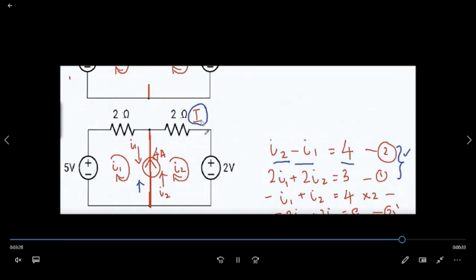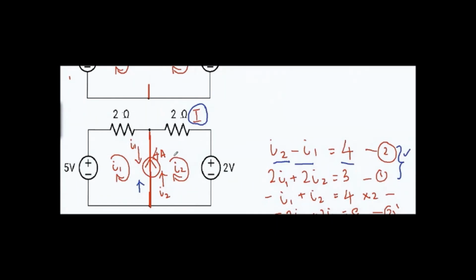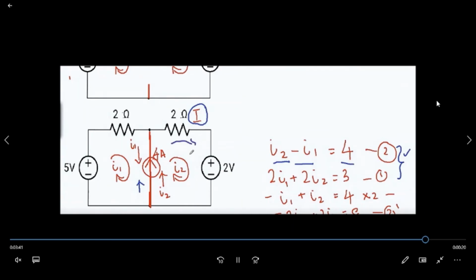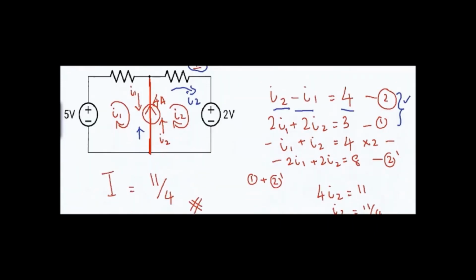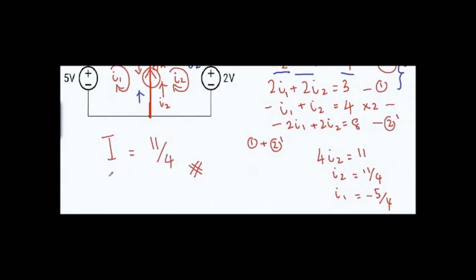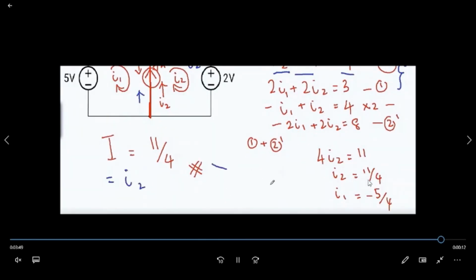I here is equal to I2. So try to calculate the value of I2. So I equals I2, which is 11 over 4.